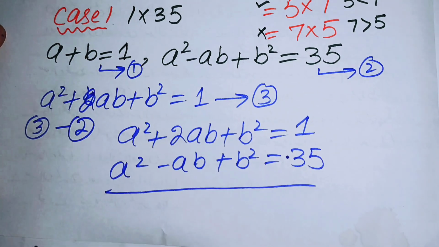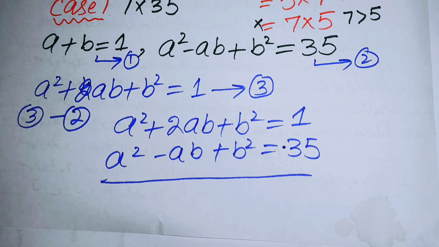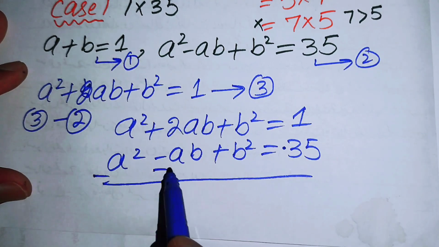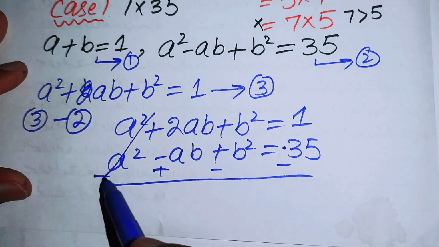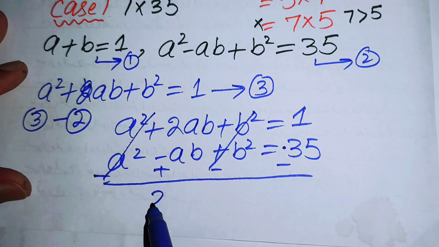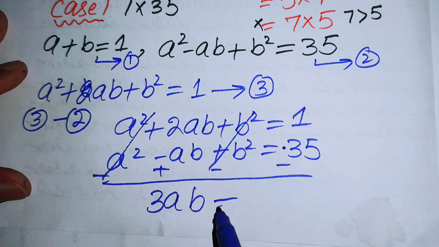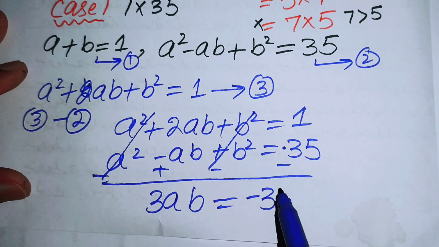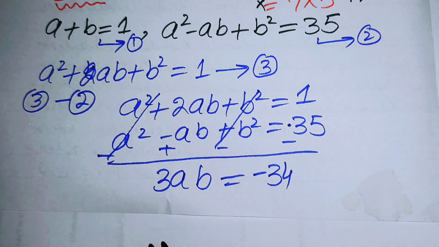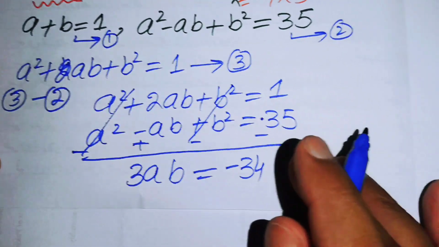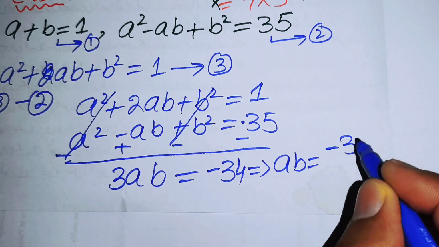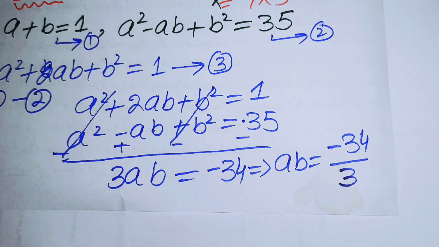When we subtract these two equations, we can cancel the common terms, and here you get 2ab plus ab is equal to 3ab, and it is equal to minus 34. This implies that ab is equal to minus 34 over 3.